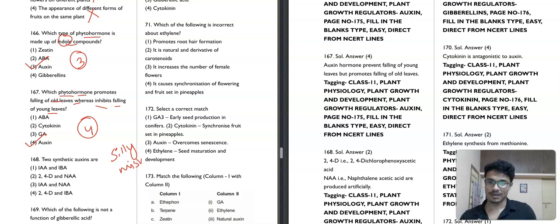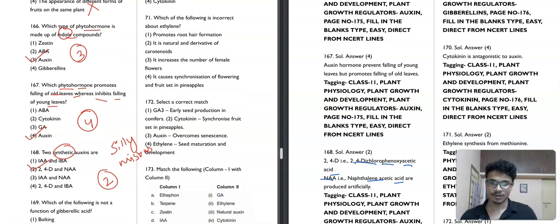I was just solving this, and I thought that it was asking which phytohormone is made of indole compounds. But it is saying synthetic auxins. What are synthetic auxins? 2,4-D and NAA, naphthalene acetic acid and 2,4-dichlorophenoxyacetic acid. So the second option is our correct answer. These are synthetic auxins, and natural auxins are IAA and IBA. Now question number 169.